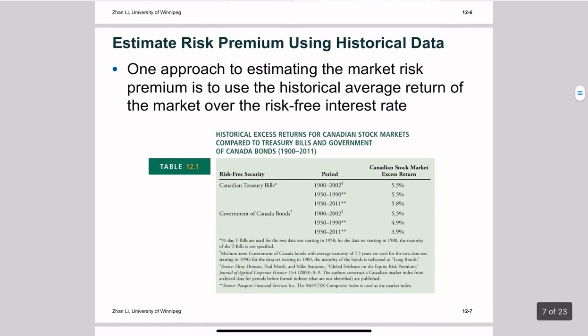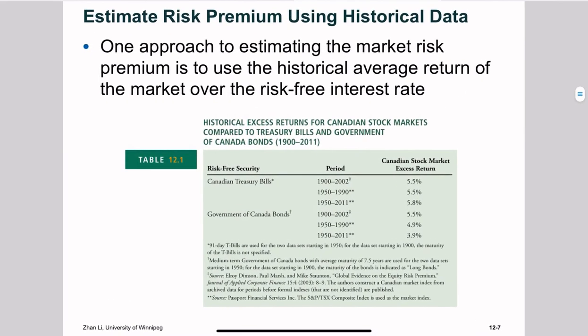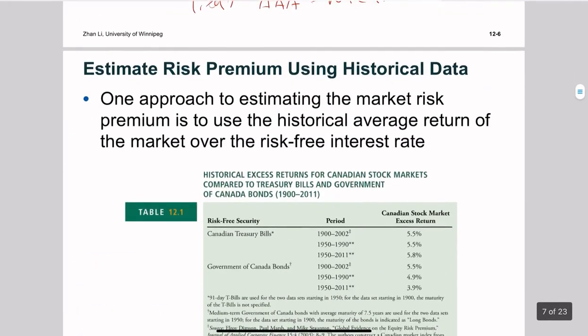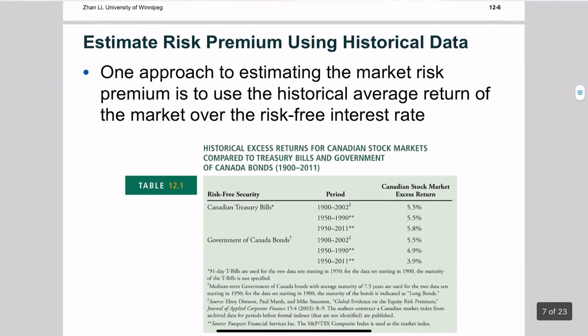Okay, the second step is about estimating the risk premium, or estimating the expected return of the market portfolio. The first step of doing this is to use historical data, right?